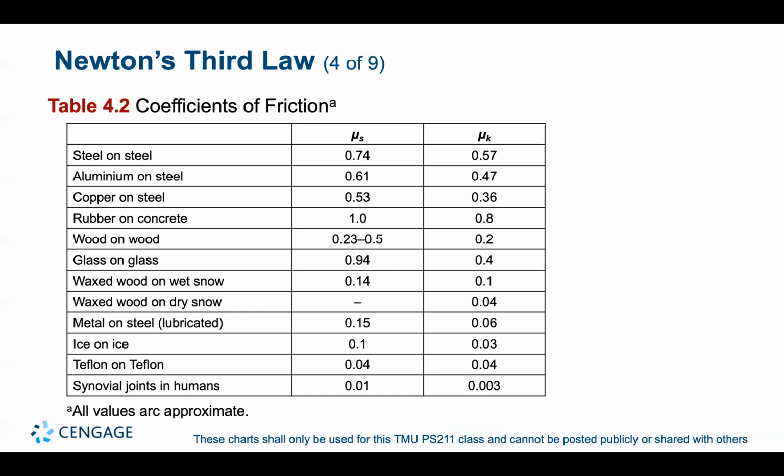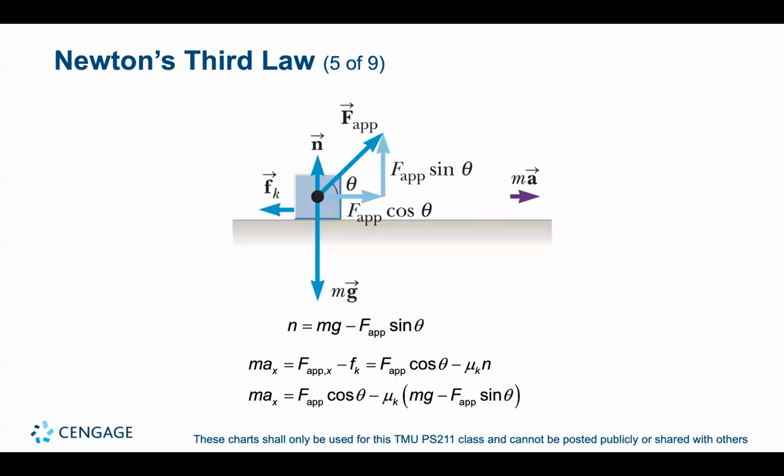Static friction is what it takes to get moving, and kinetic friction is what it takes to maintain motion. Both of those are important factors that we want to be aware of. Here we're looking some more at Newton's third law with kinetic friction acting against an object's direction of motion.